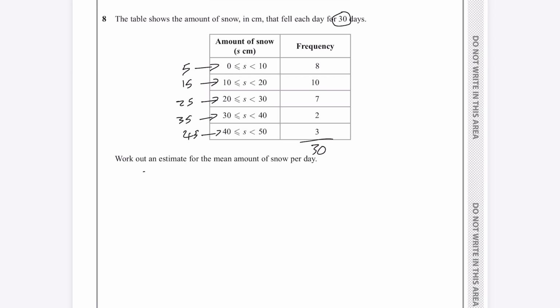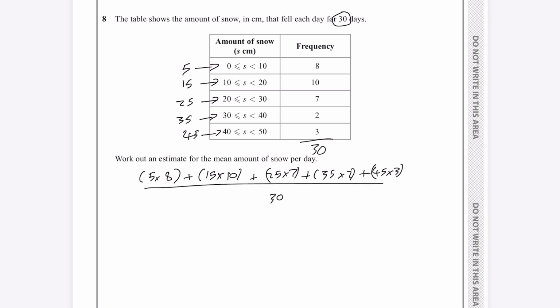So that then leaves us with 5 times 8 for the first one, plus 15 times 10, plus 25 times 7, plus 35 times 2, plus 45 times 3, all divided by the total, which is 30.